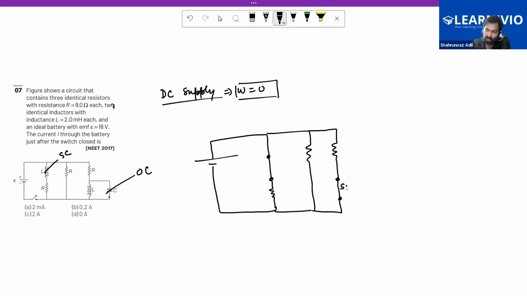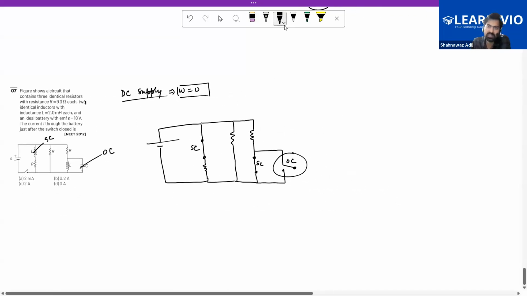So this is SC, this is SC, and then we have this circuit, which is an open circuit, which means no current will pass through this. So the effective diagram is these three resistances in parallel. What would be the effective resistance?